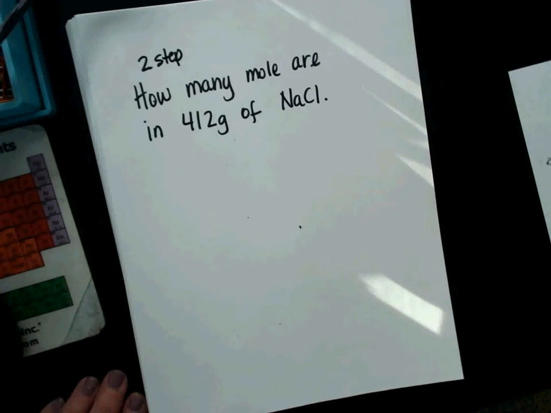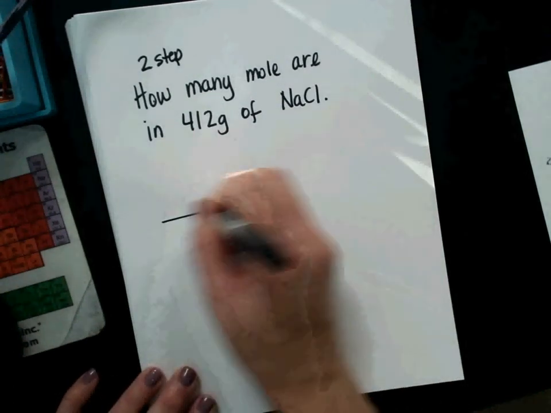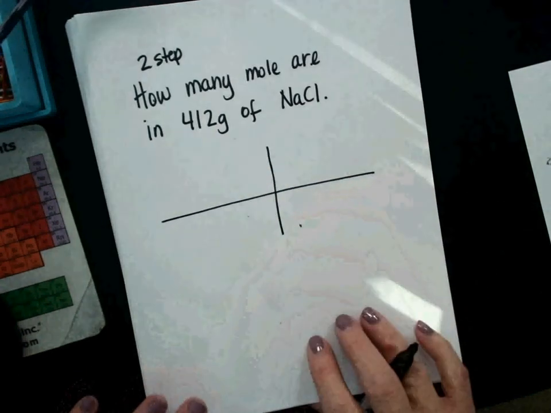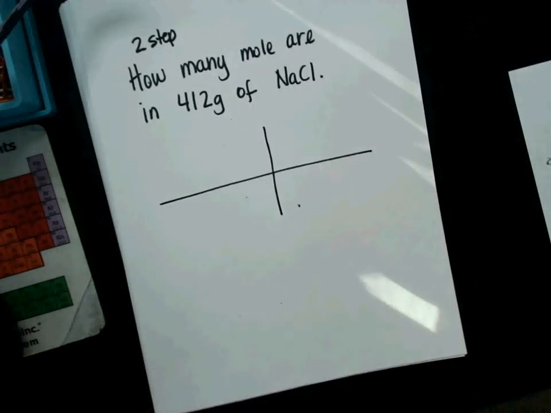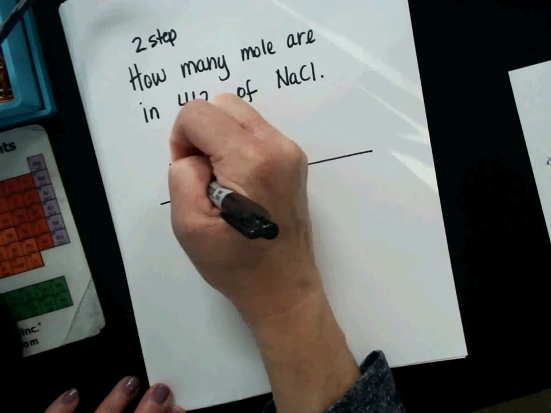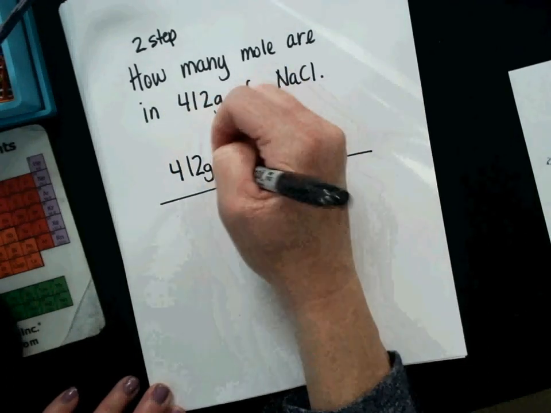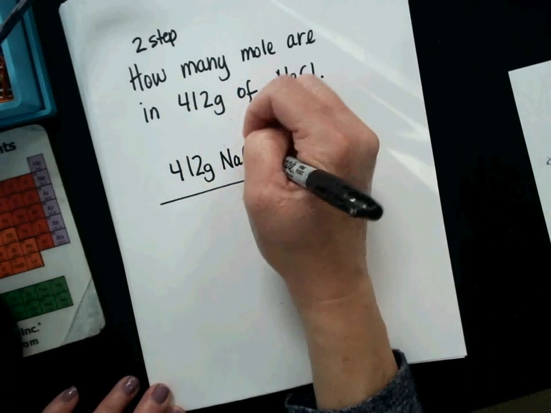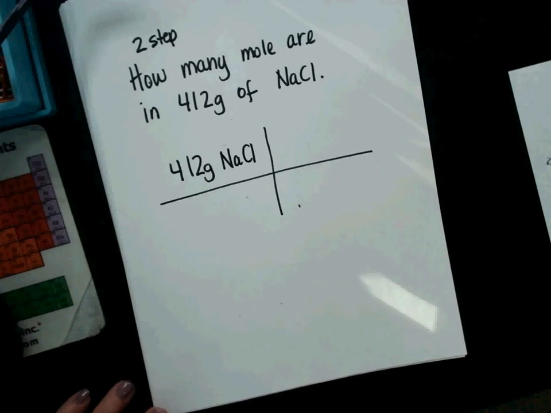This is another two-step problem. Before you go too far, what's going to go in the first box? Yeah, what you're given always goes in the first box: 412 grams NaCl. Then ask yourself, what do I have to get to cancel out?